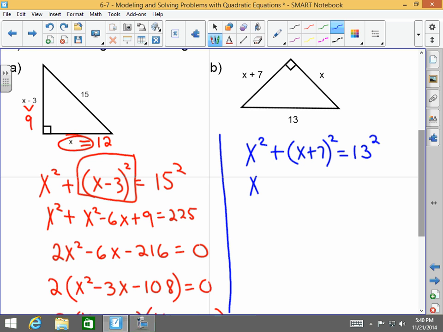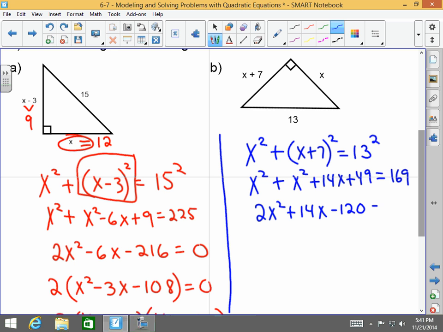So I've got x squared plus x squared plus 14x plus 49 equals 169. When I go ahead and do the math here, I've got 2x squared plus 14x, and 49 minus 169 equals negative 120. That equals 0.